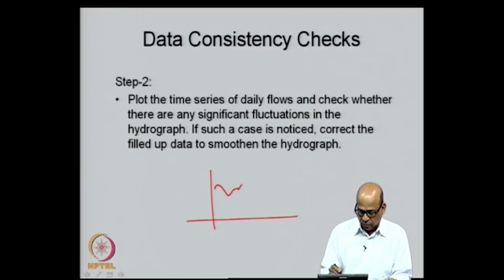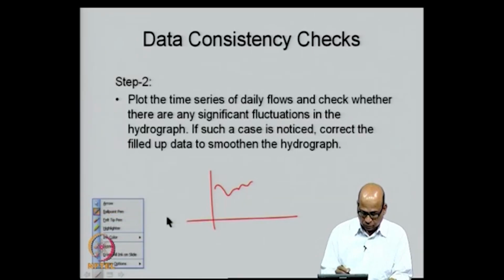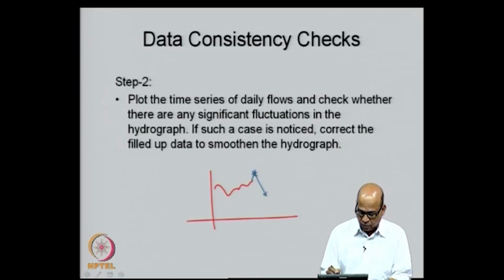Let us say this was your time series and this is the missing data that we are using. Let us say we put the missing data here. So, it goes up here and then it comes down here. Let us say some 3-4 days continuously we are filling it up. Now, this should be a smooth curve like this.